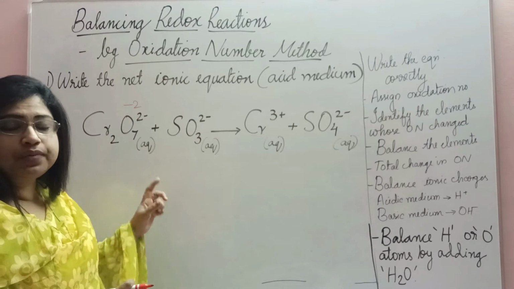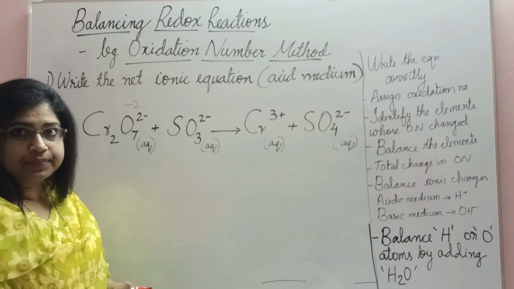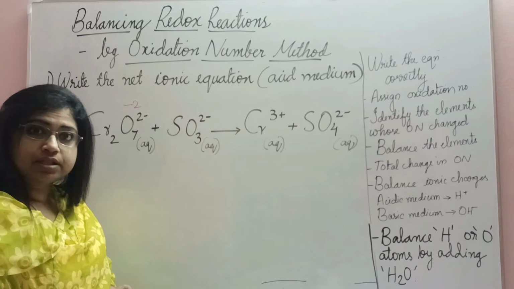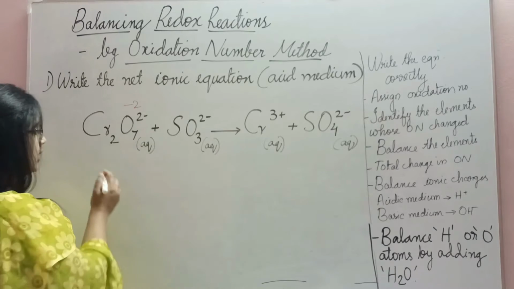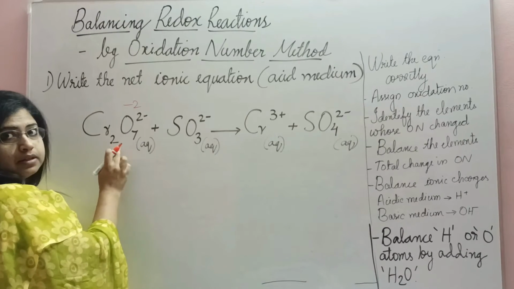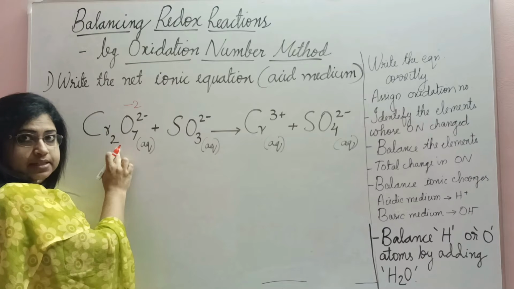Now the next step is to find the oxidation number of chromium. For that we need to find the algebraic sum. Two chromium atoms are there, so let the oxidation number of chromium be x.